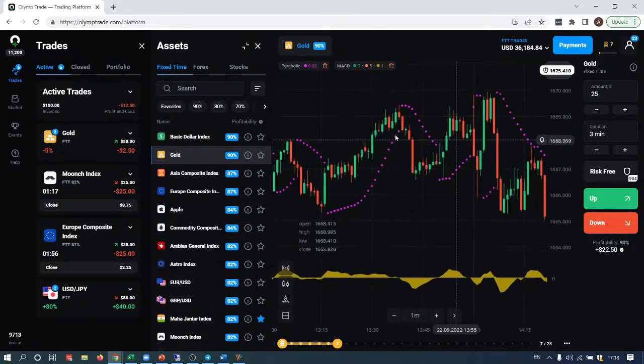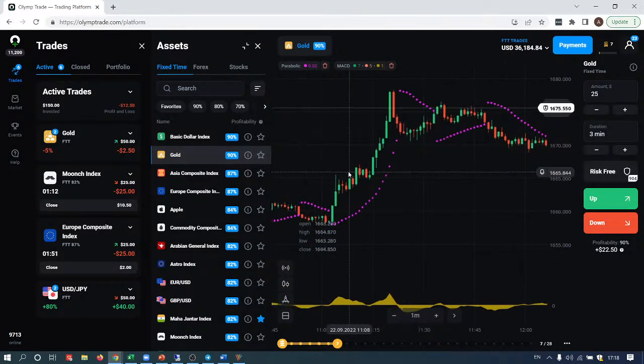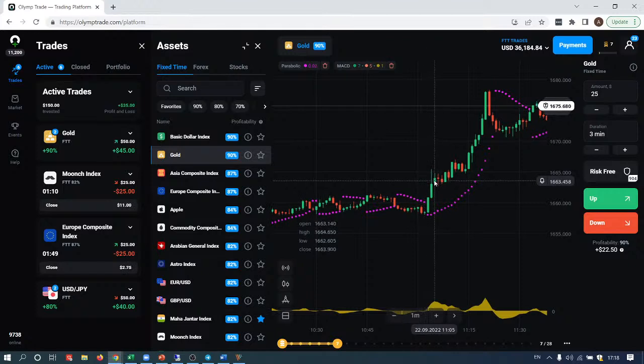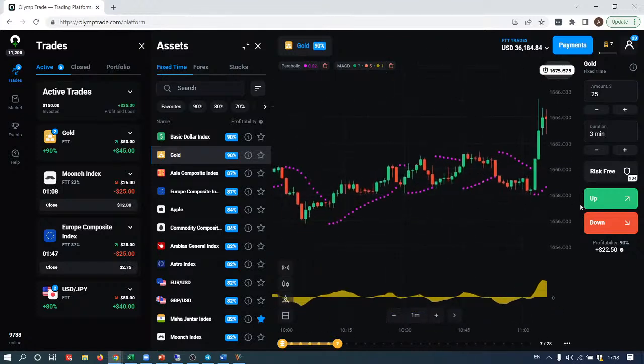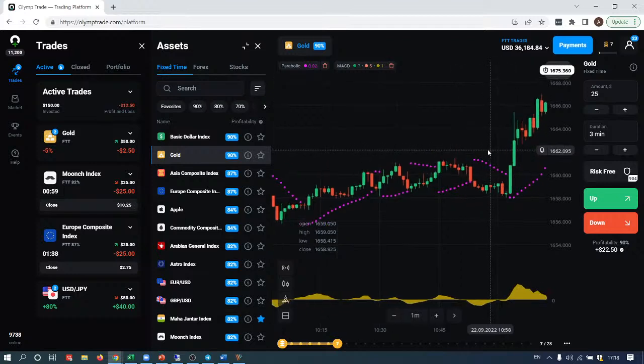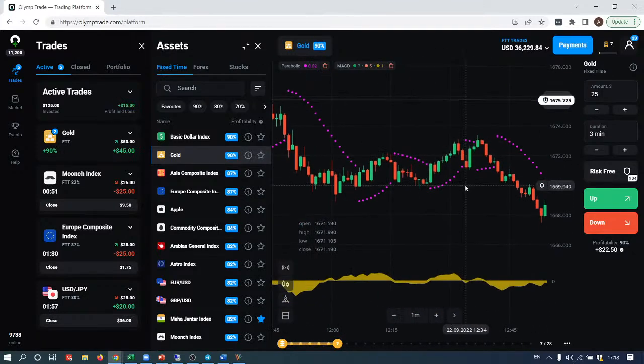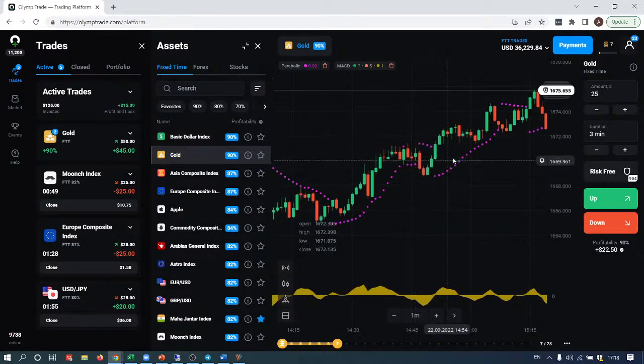What you do in this situation, you just roll the chart backwards a little bit, back in time, and now you just start thinking, okay, if I open a trade here, or if I open the trade here, would it close with a profit? Yes or no? And then you just do basic calculations. Some of these trades would, of course, close with profit. Some of them would close with a loss.